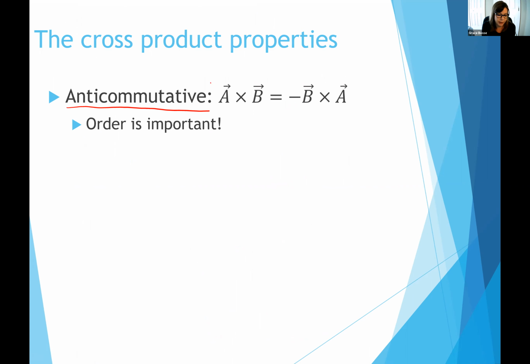This is a very fancy word that basically says that if you invert the order of the vectors in the cross product, you pick up a negative sign. So A crossed with B is equal to negative B crossed with A. So you can use that to your advantage. If you already know what B crossed with A is, then you can very quickly get A crossed with B. It's just the opposite sign. So be very careful with your order.